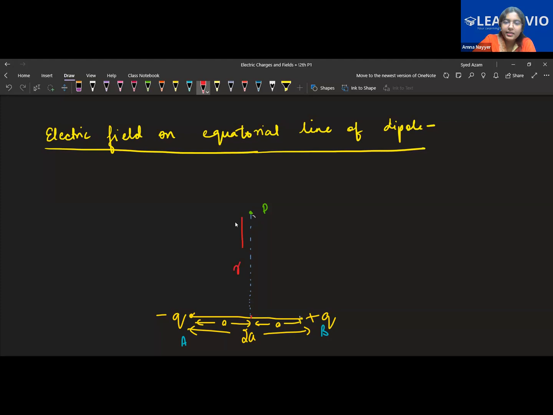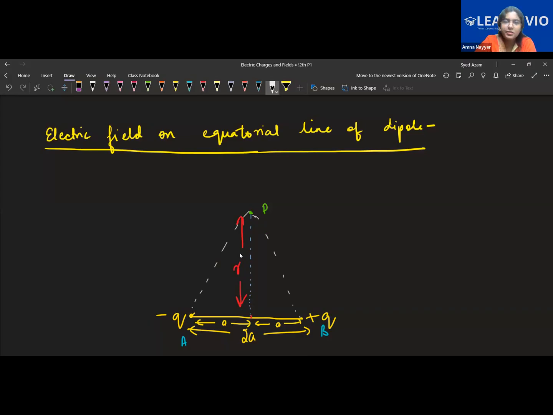This is r. Now, this point P is separated from this minus q, and from plus q like this. Here at P, we have to calculate our resultant. They are both separated by 2a, and half of that is a, like the previous case.